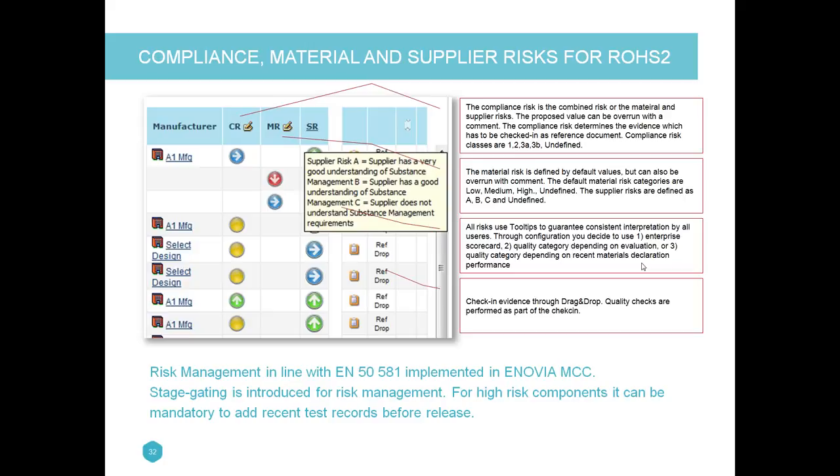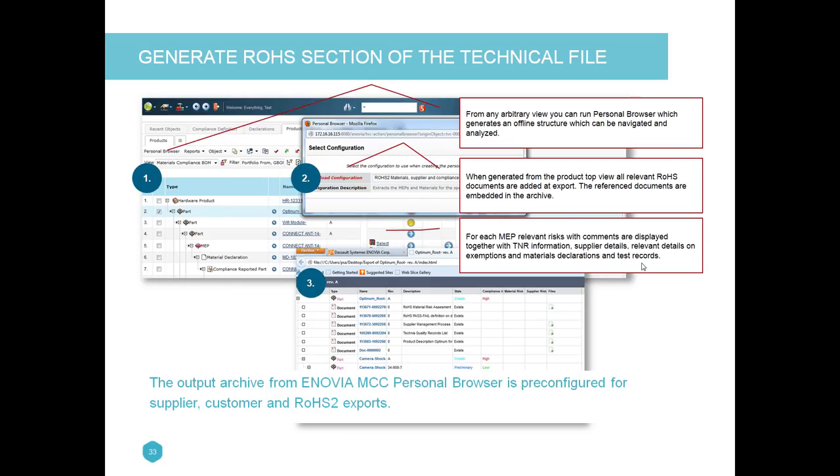The material itself has a risk level, of course, that is actually something that you can get some help with from the standards that are available, which have a listing of where you usually find the different materials that are restricted by RoHS, for instance. And then the compliance risk on the parts and the products. And we can also generate the technical file from within the system. So you can gather all the information and have a file that is ready for sending out to regulatory bodies or customers if requested.